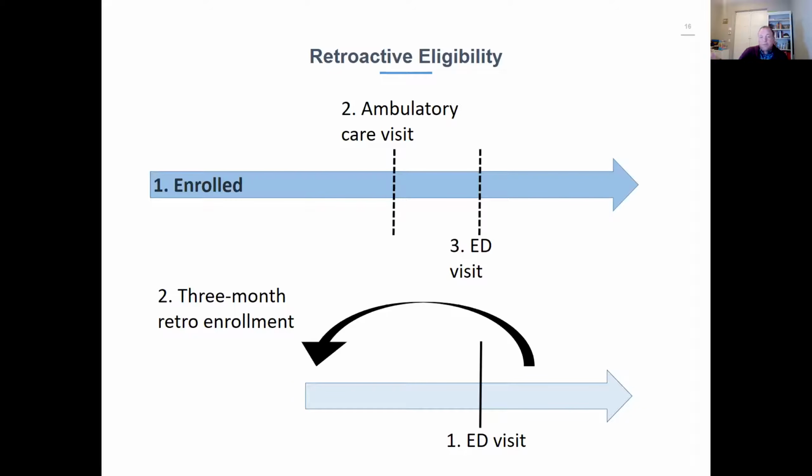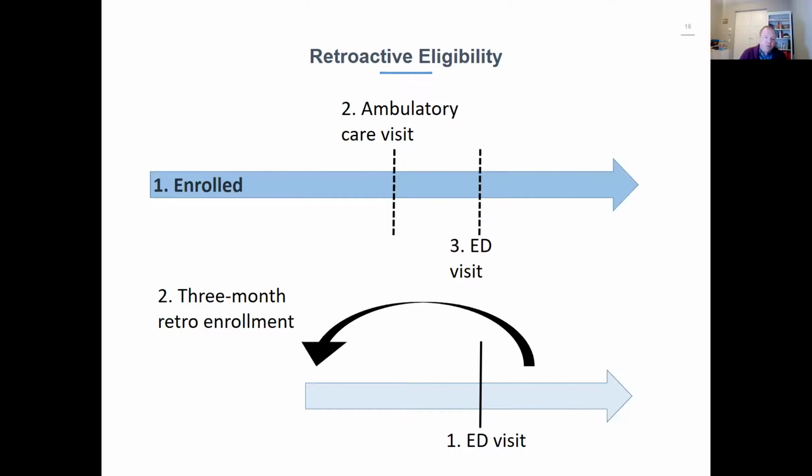Then down the road, they might also have an acute service where they visit the emergency department. That timeline is what we expect: they're enrolled, the services happen and are covered over time, a linear approach to understanding time.